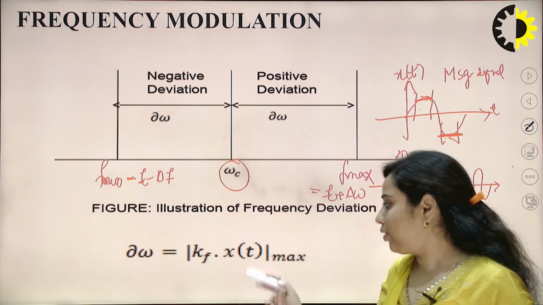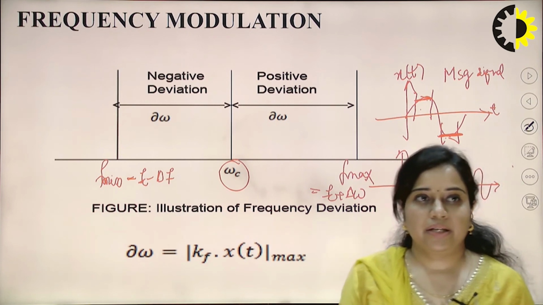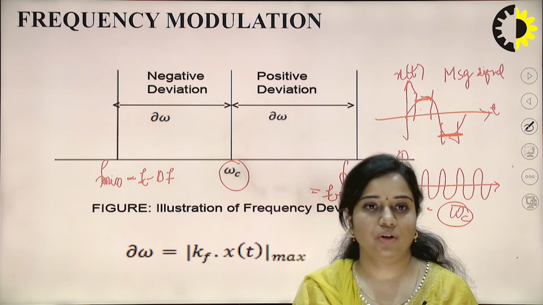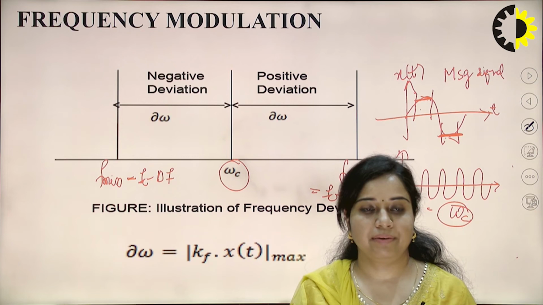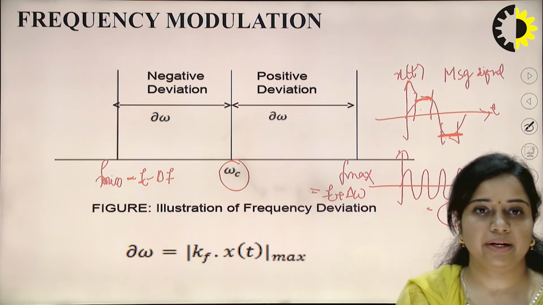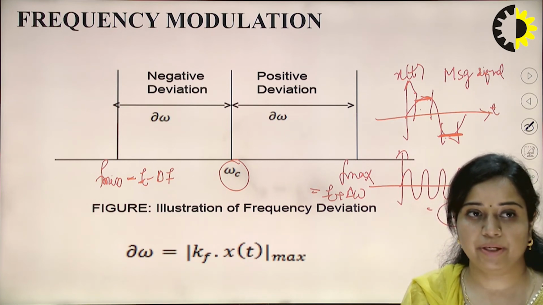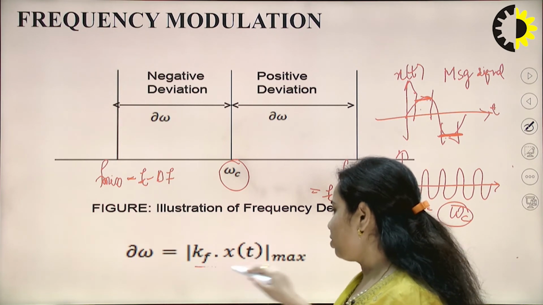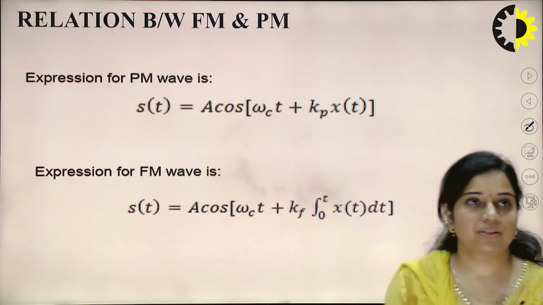Now why are we considering the maximum? In case of a single tone, it is quite easy to calculate the amplitude of the message signal. But when we are dealing with a multiple tone signal, multiple frequency components and multiple amplitudes are present, so we have to consider only the maximum amplitude. So this formula will be kf into x(t) max.